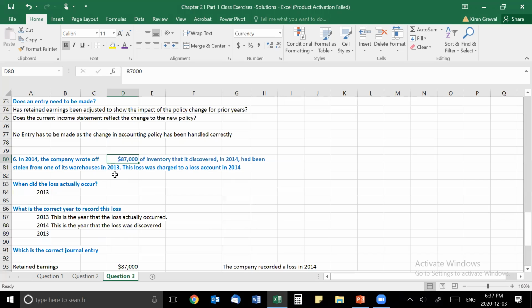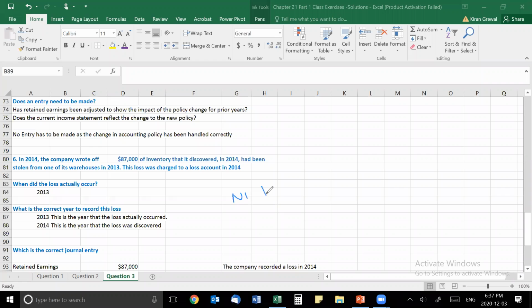So that's an error. So the inventory was overstated at the end of 2013, but they didn't know this until 2014. So the loss actually occurred in 2013, and that means that the loss should have been charged in 2013. Because there was no loss in 2013 when there should have been, that means that net income is too high, right?